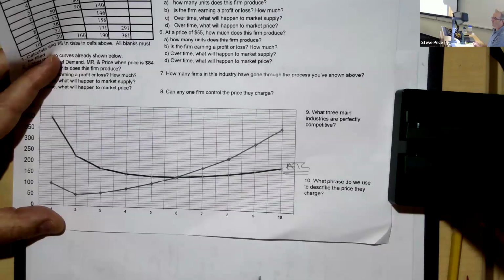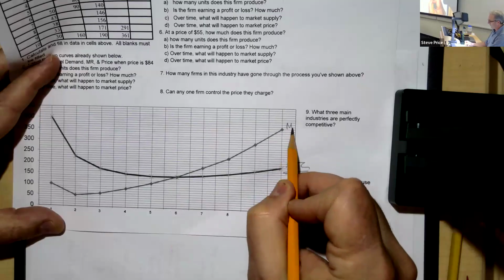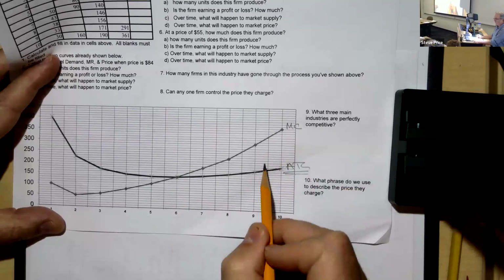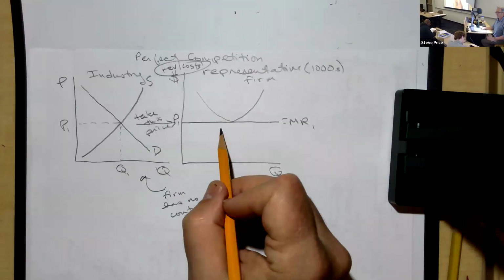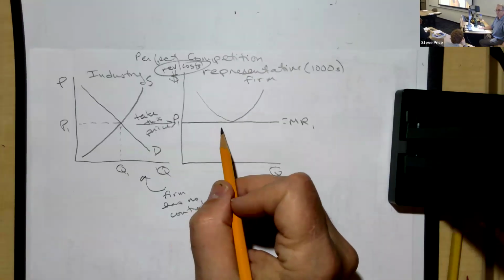There's our average total cost curve. And then one comes up to the minimum point, right here, the marginal cost. So all we're doing now is showing something here and adding these. Where did that marginal cost curve come up through ATC?